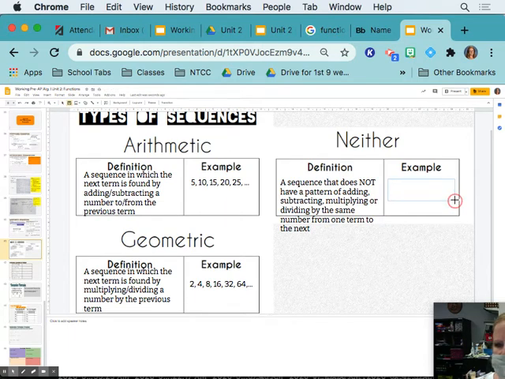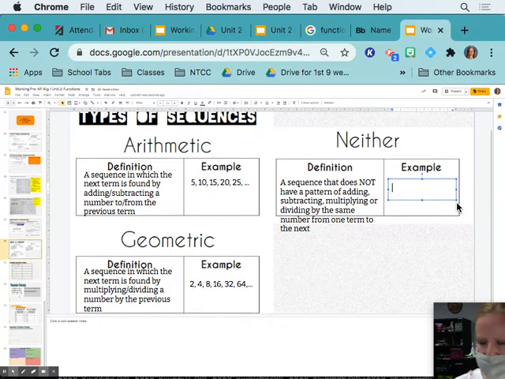I'm going to give you an example, and y'all tell me what the pattern is. 1, 4, 9, 16, 25.